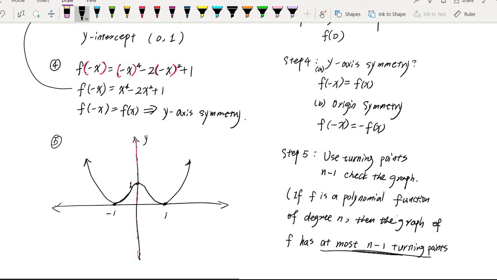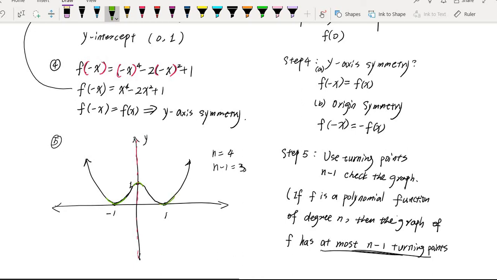Remember, if we look here, we have turning points. If you go back to look at the function, the degree was 4. n is 4, so n minus 1 is 3. That means the most turning points we can have is 3. We turn it one time right here, another time, and one more time.